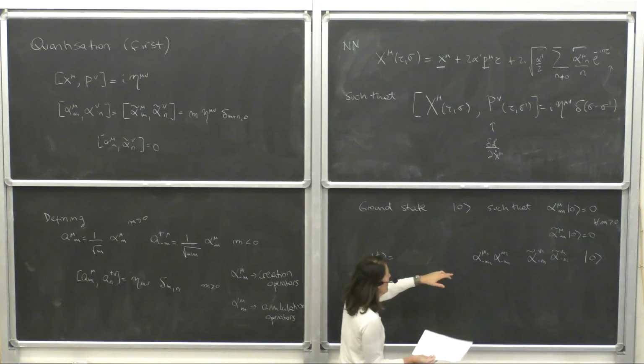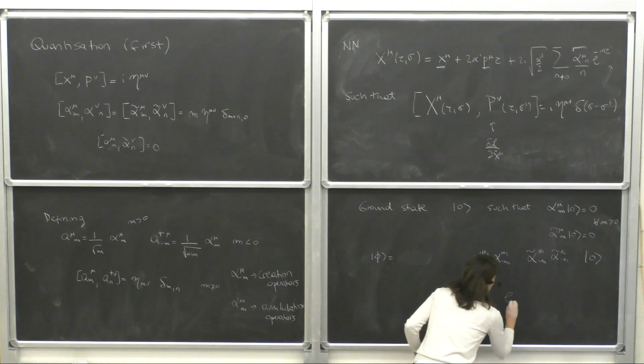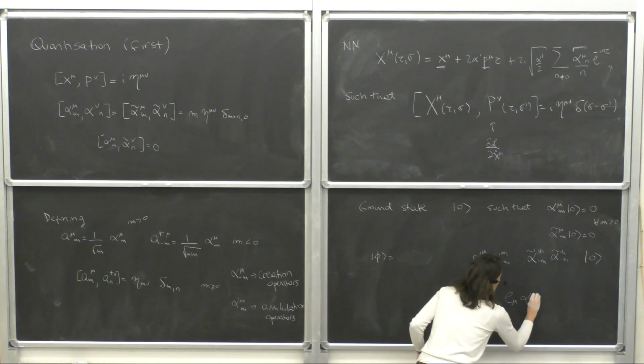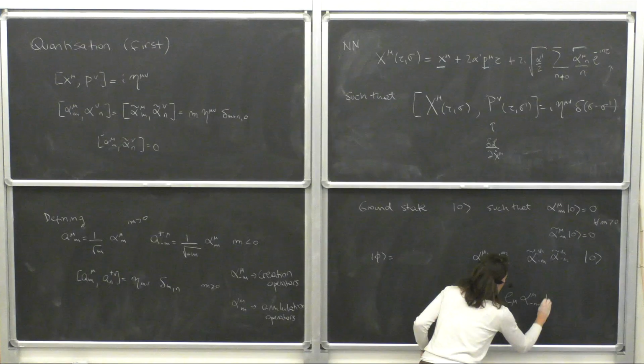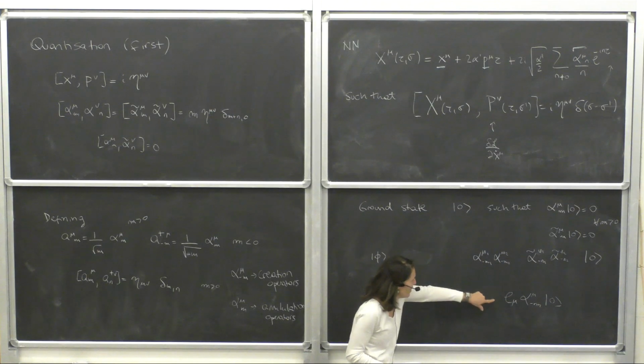It can be in different directions, so if I have only one minus m, I can write this as the polarization vector.